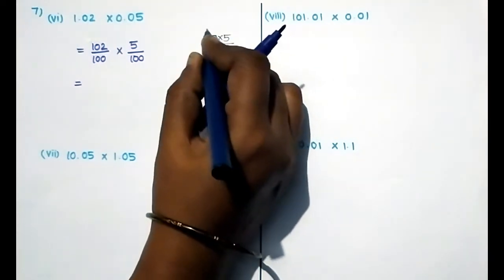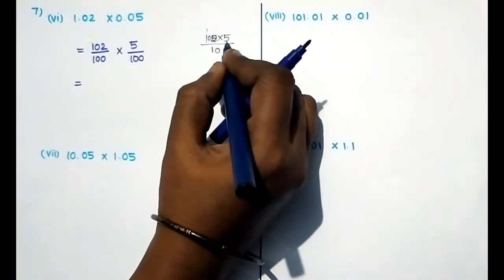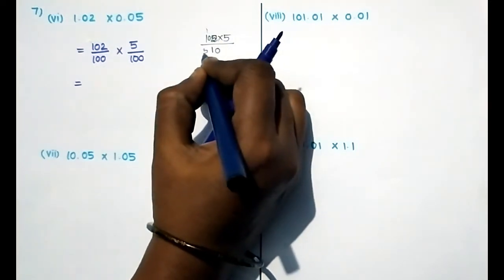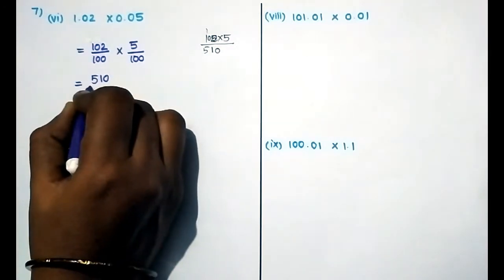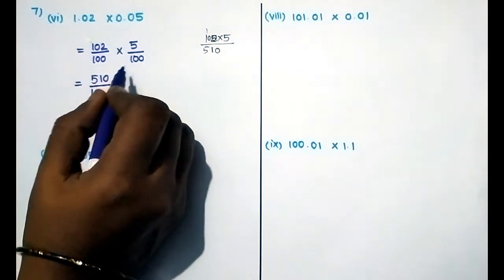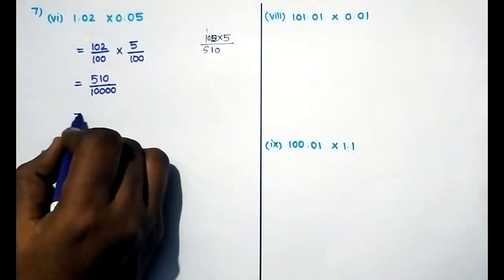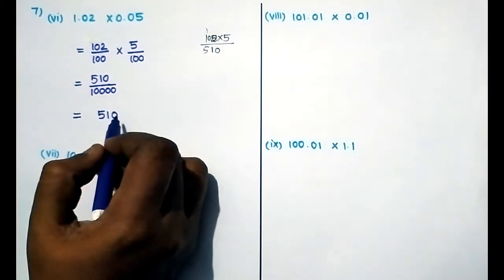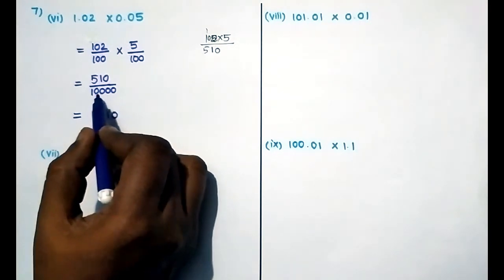2 5s are 10, carry over 1, and 0 5 is 0 plus 1, 1, 1 5 is 5. So 510 divided by 1 into 1, 1, 4 zeros, here 2 zeros, here 2 zeros, so 4 zeros. And listen, here 510 only is there, but we have to keep the point, how many digits before? 4 digits.